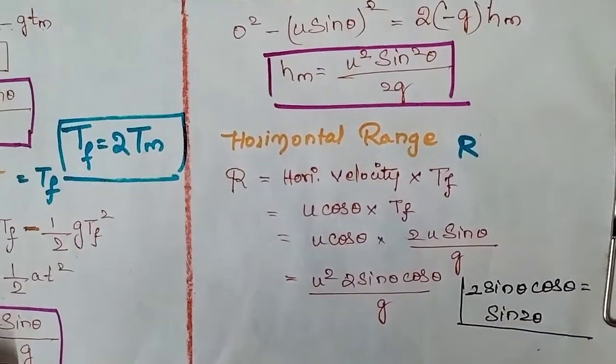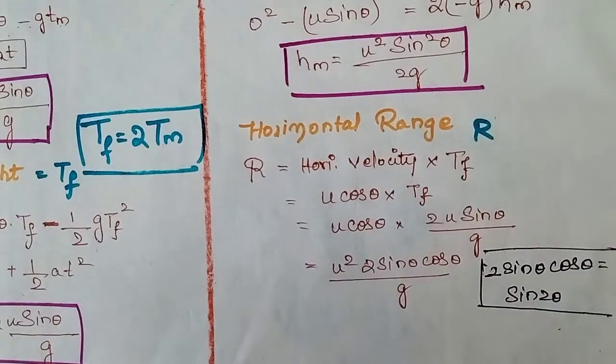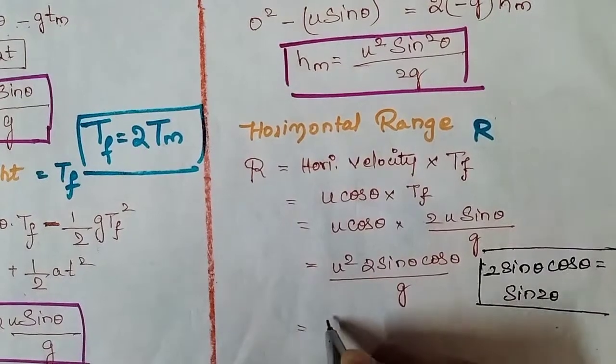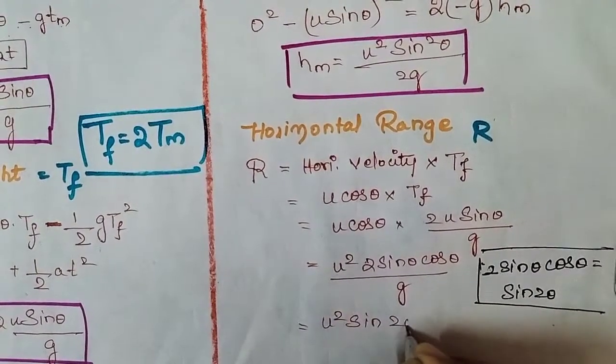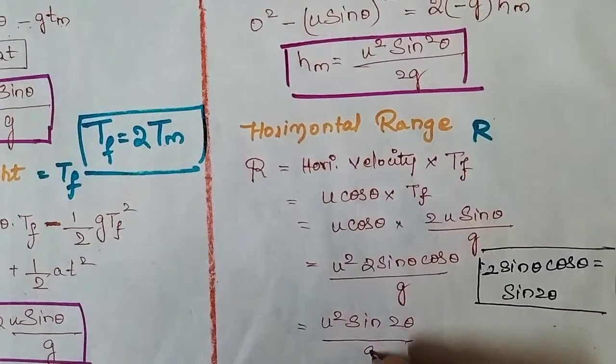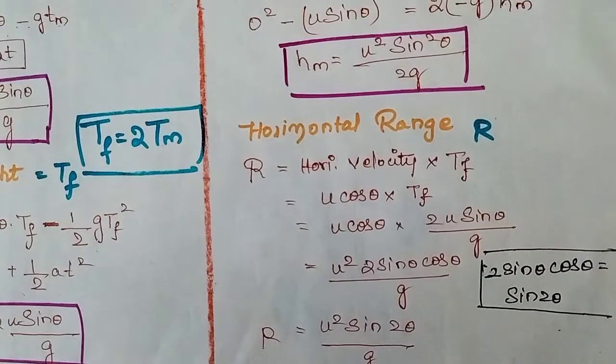Yes, sin 2 theta. Clear? That is what we wrote here. So it becomes u square sin 2 theta by g. So we got the R value.